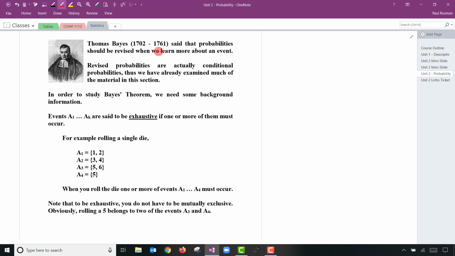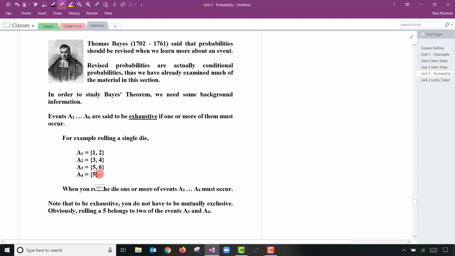Some notation that Bayes came up with was he looked at a bunch of sets and he defined sets to be exhaustive if they in some way covered all the possibilities. An example here would be rolling a die. I could define one event to be getting a 1 or a 2, another event to be a 3 or a 4, another event to be rolling a 5 or a 6, another event might be rolling a 5.